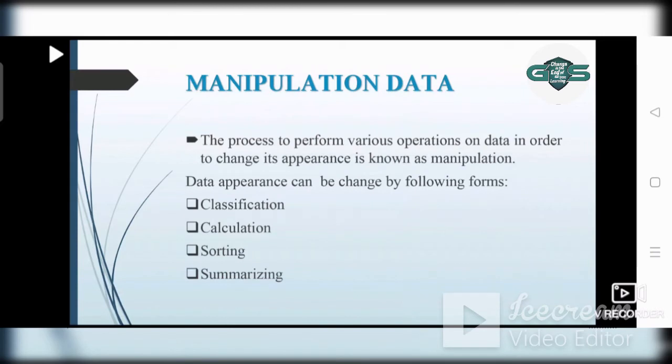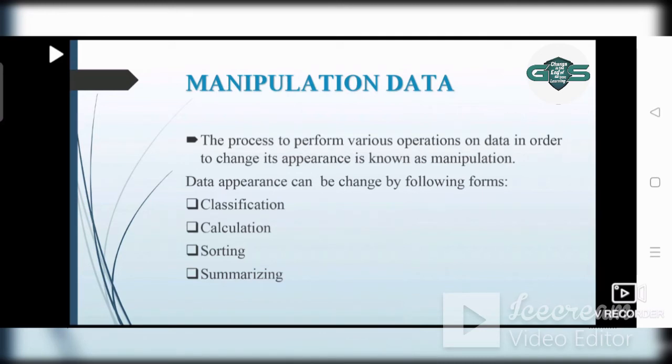Now, manipulation of data is the process of performing various operations, based on arithmetic or logical operations, on your data set to change the outlook of your data, or to shift the data into a presentable look, a good look for other people.